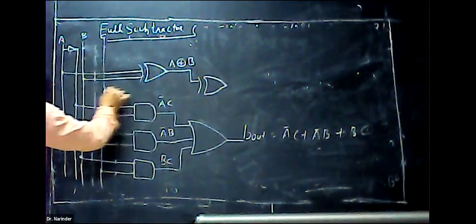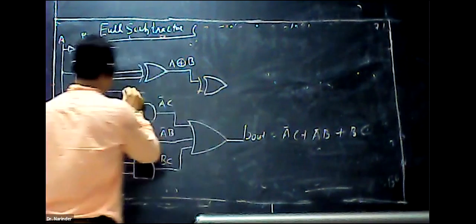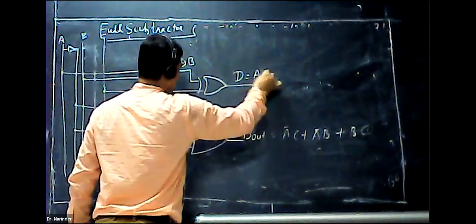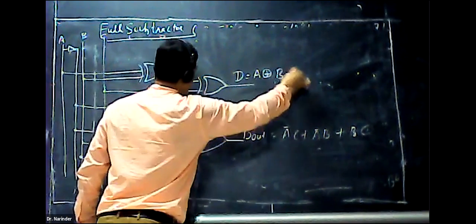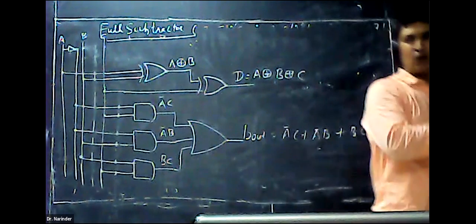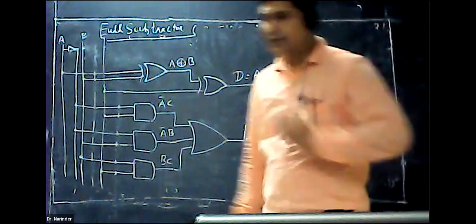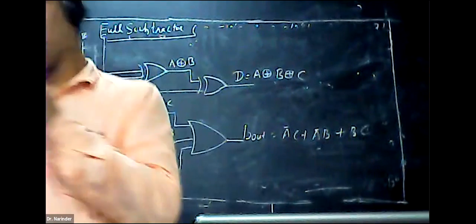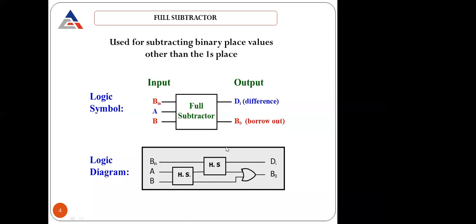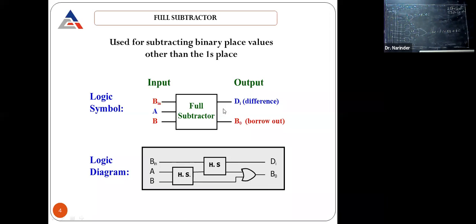It would be C. So you will get the difference as A XOR B XOR C. So this is the design of the full subtractor by using various gates. We can also design the full subtractor by using two half subtractors.